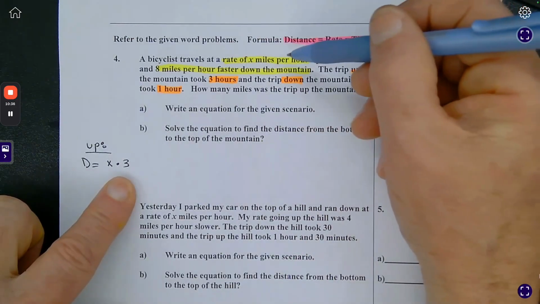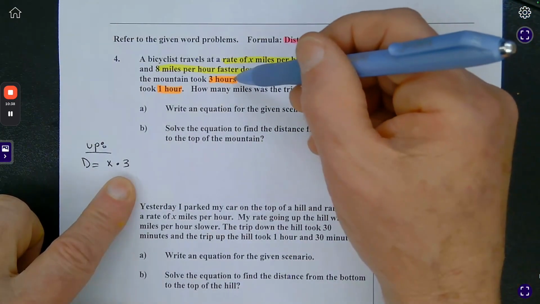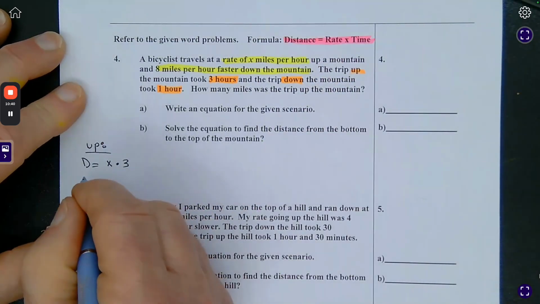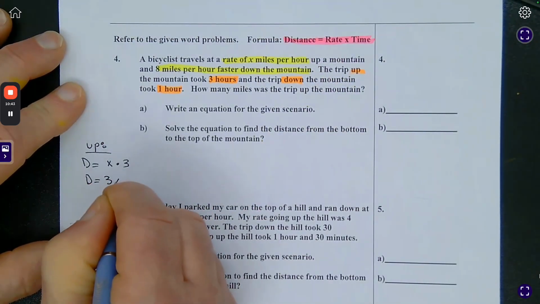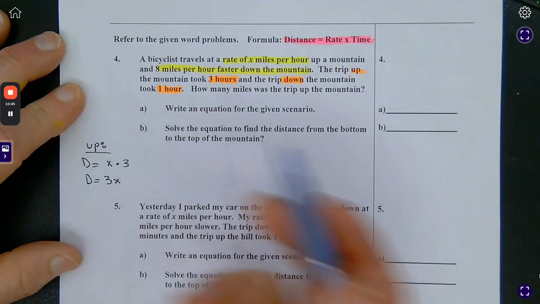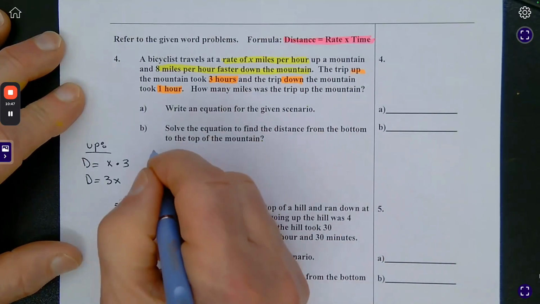So the rate up the mountain was x miles per hour, and the time it took was 3 hours. I'm going to write that a little differently. If it's okay, I'm going to write that as 3x, because x times 3 is 3x. Now let's talk about down the mountain.